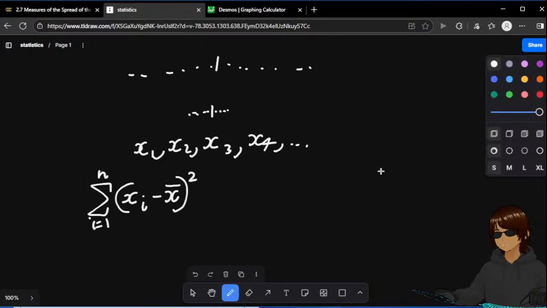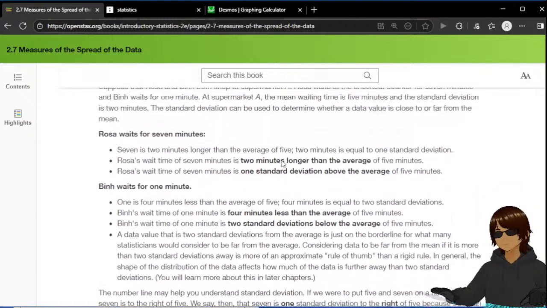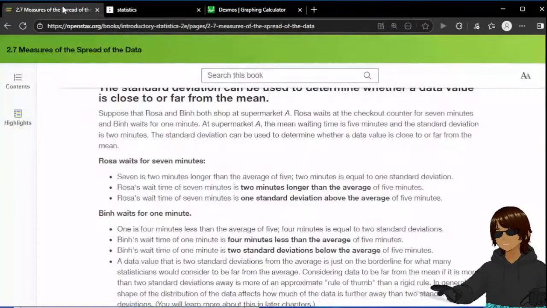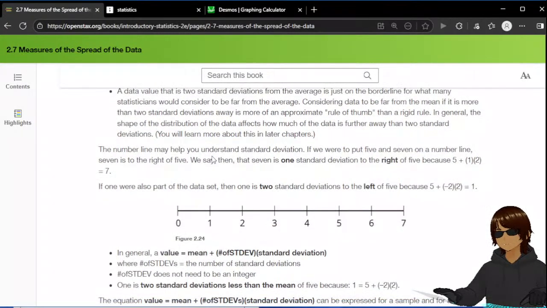We just do square. And the more spread out the data are, the bigger this value. The less spread out the data are, the smaller this value. But I need to revise it again because it's been quite some time since I learned it.